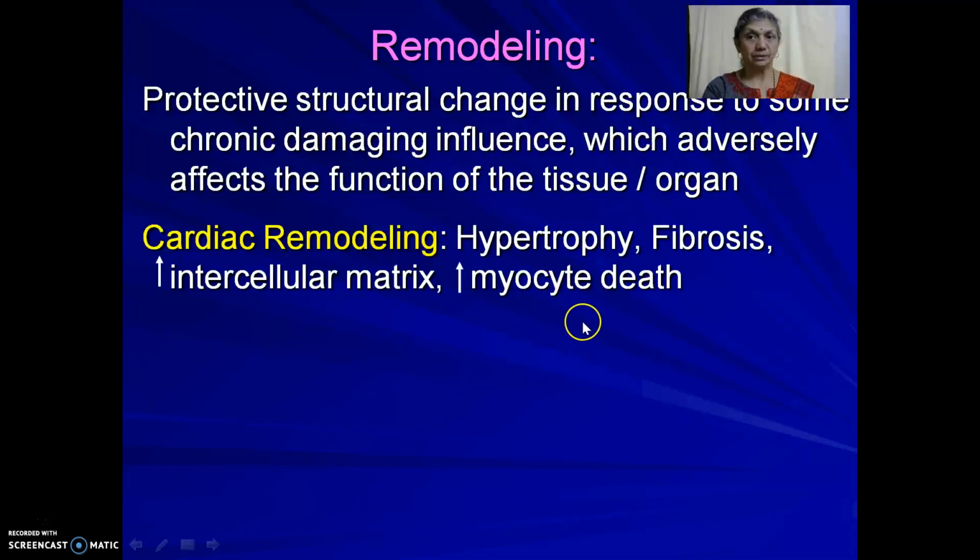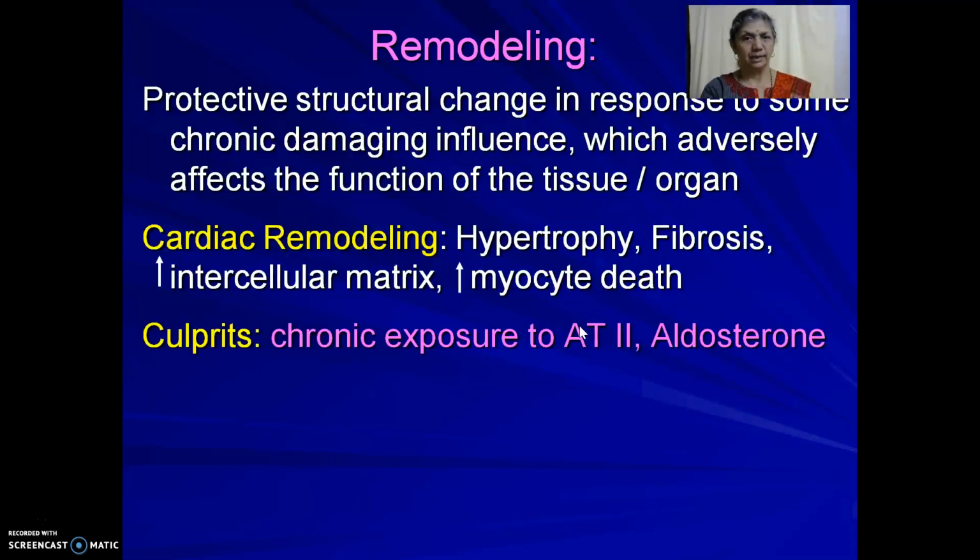Who are the culprits responsible for this process of remodeling? It has been understood that the major culprits responsible for this adverse structural change, supposed to be protective, which actually adversely affects the function, is chronic exposure to angiotensin II and aldosterone, and also chronic exposure to sympathetic overactivity.